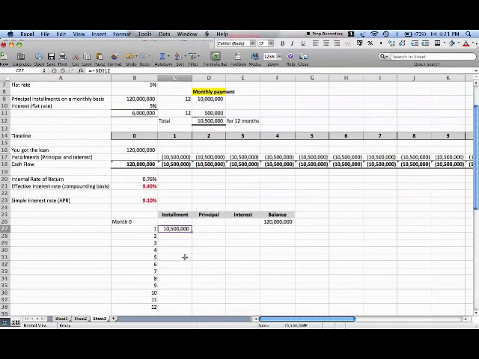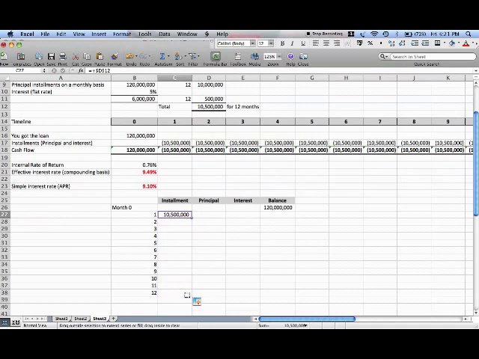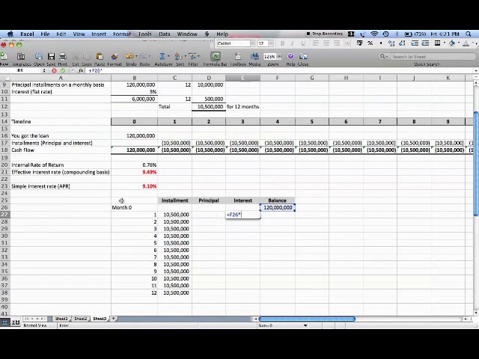So I drag it down. Okay, and then your interest, I have to use the effective interest rate. This is your effective rate.